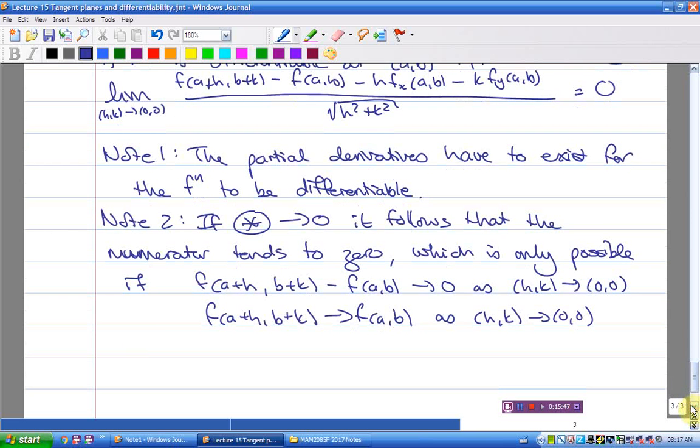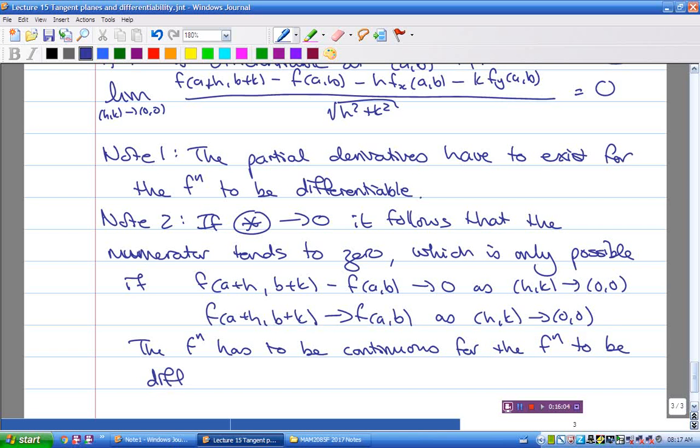So the function has to be continuous for the function to be differentiable. So your partial derivatives existing and your function being continuous are both necessary conditions for differentiability, but not sufficient.